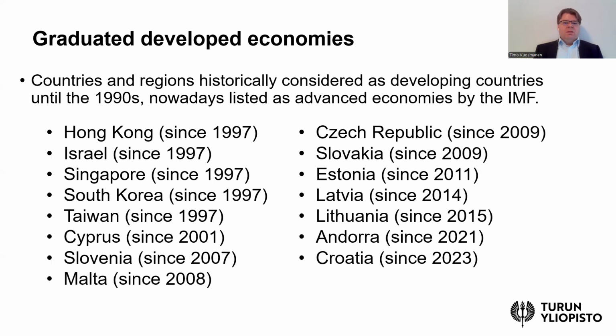And there are many Eastern European countries such as the Czech Republic, Slovakia, and all the Baltic countries, Estonia, Latvia, and Lithuania. So this also indicates that it's possible for countries to catch up and become classified as advanced economies, at least according to the IMF classification. And this is thanks to this convergence that at least some countries have managed to catch up.